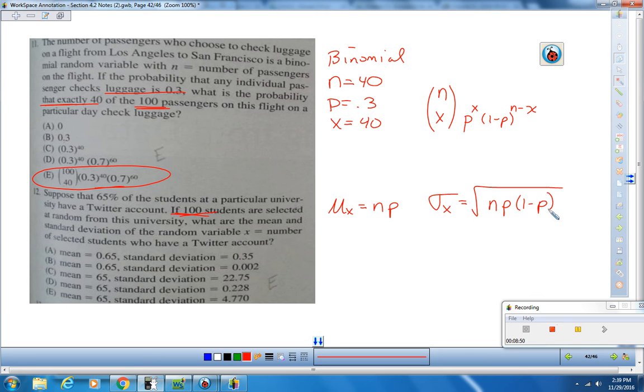So the mean is just 100 times 0.65, which is 65, and then the standard deviation is the square root of 100 times 0.65 times 0.35. I'm not sure what that is, so I'm going to use my calculator.